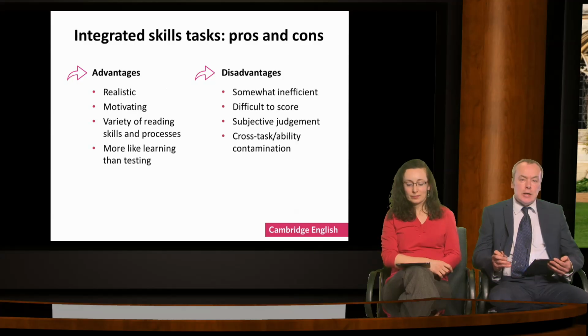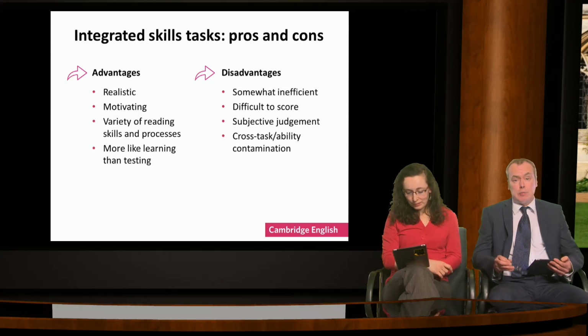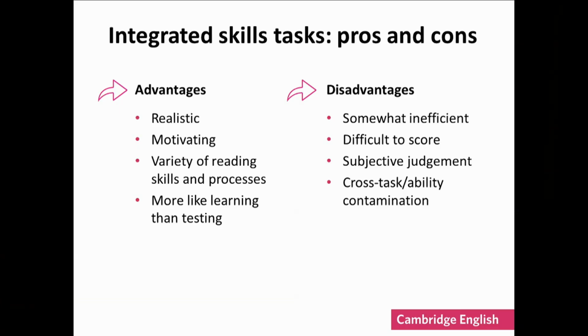Integrated skills tasks, and as an example on the handout, pros and cons again, are very realistic. Fairly often in our private, professional or academic lives, we read something and then discuss it with someone else, or write about something we have read. For this reason, such tasks could be motivating, and they also require engaging a variety of reading skills and cognitive processes.